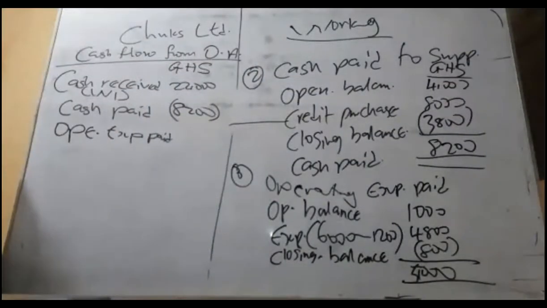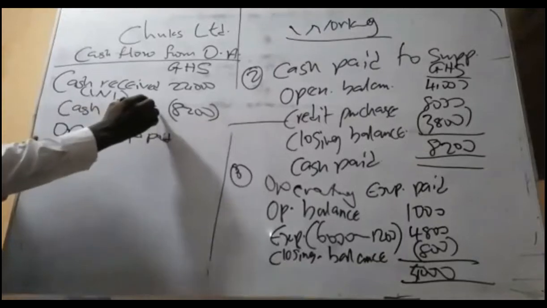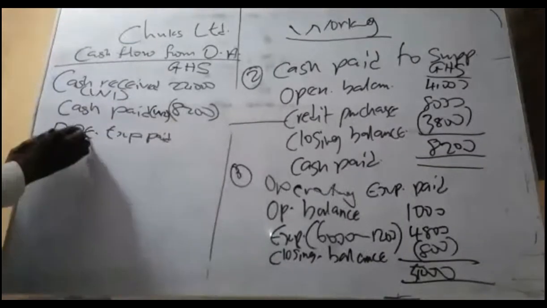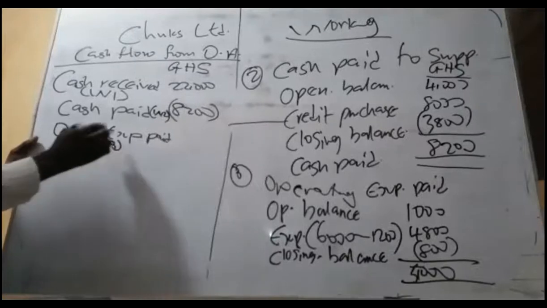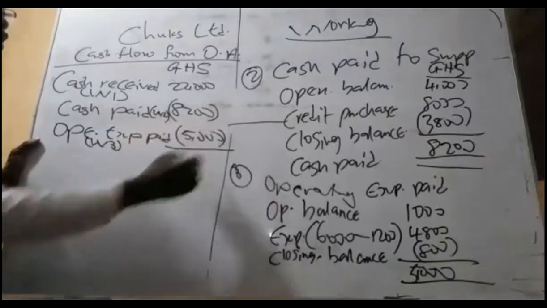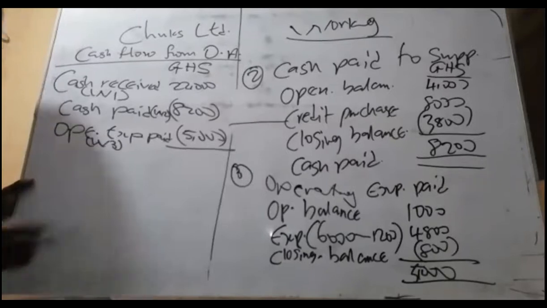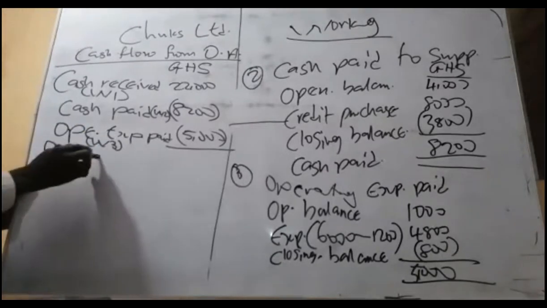Basically, this is how we will get it. So this is workings number 2, W2. This is workings number 3. 5,000. I'll take it off.